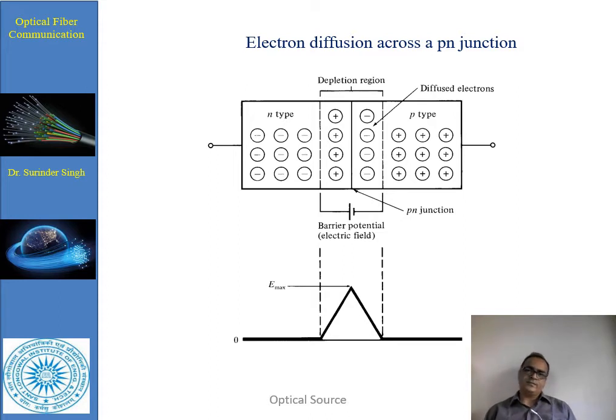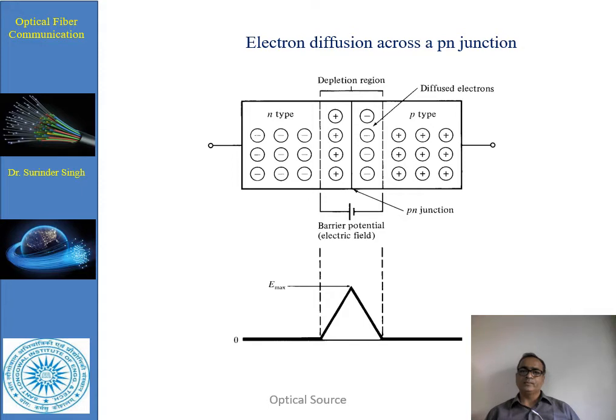In this case, once there is a crossing of all these electrons and holes, a barrier has to be developed when further flow of electrons and holes is not possible. So some potential has to be developed, by which further electrons and holes do not cross from p type to n type, or n type to p type.